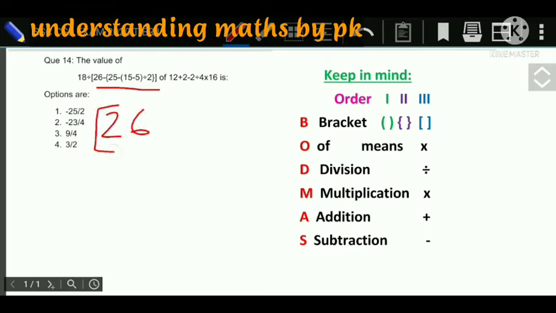26 minus 25 minus 15 minus 5, divided by 2.